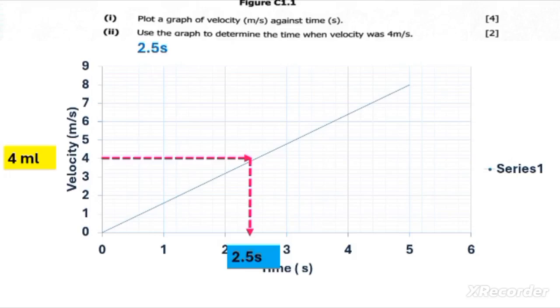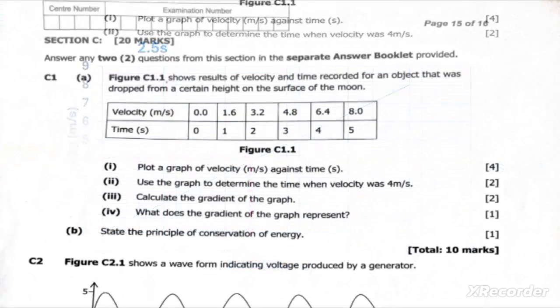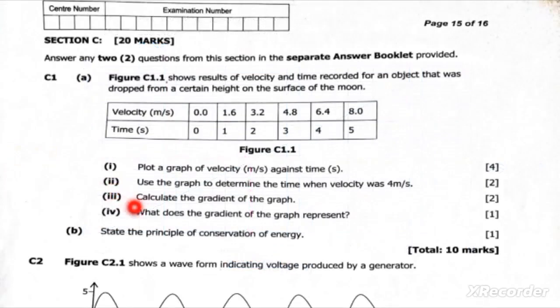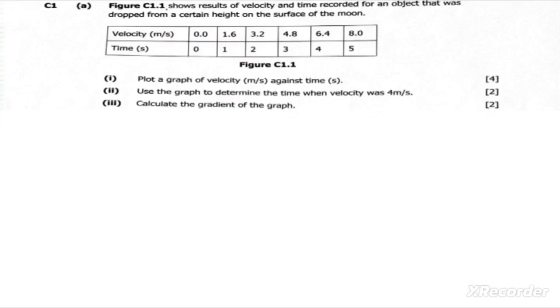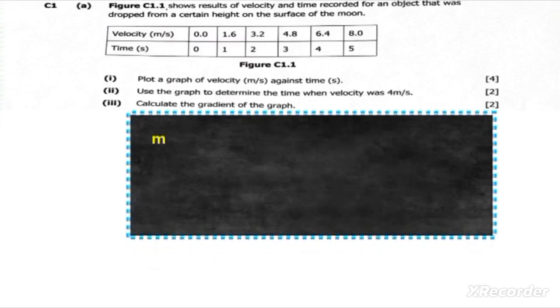Let us move to the next question, which is question Roman numeral 3. Calculate the gradient of the graph. To find the gradient of the graph, we are going to say gradient is equal to y2 minus y1 divided by x2 minus x1.